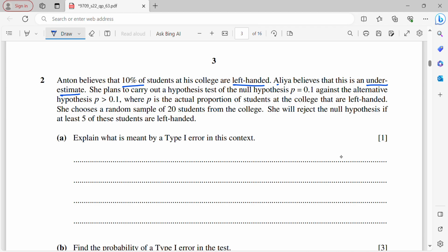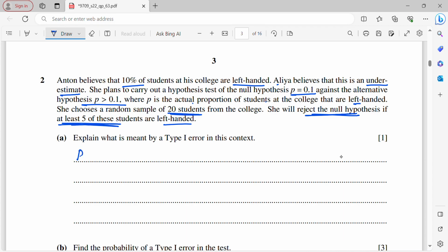She plans to carry out a hypothesis test of null hypothesis P equals 0.1 against the alternative hypothesis P greater than 0.1, where P is the actual proportion of the students at the college that are left-handed. She chooses a random sample of 20 students from the college. She will reject H0, the null hypothesis, if at least 5 of the students are left-handed. Explain what is meant by type 1 error in this context.